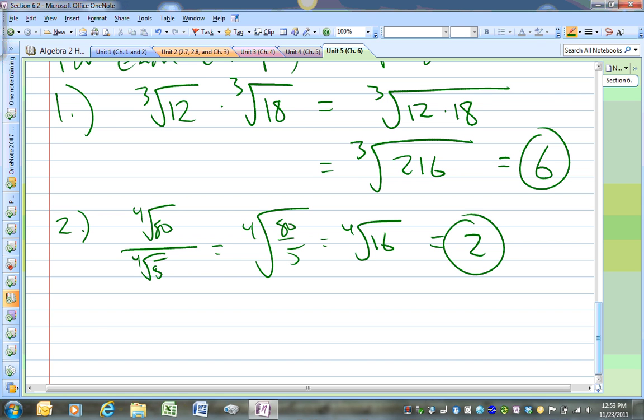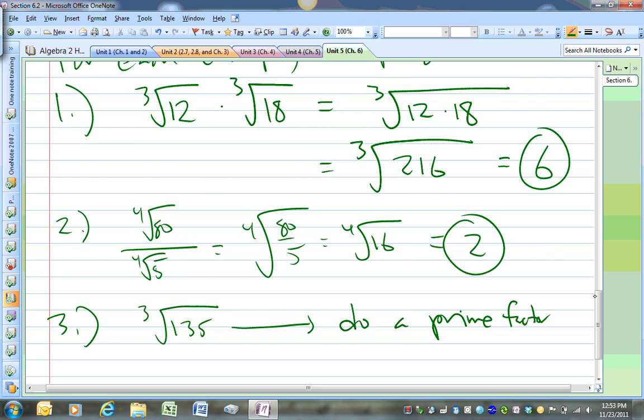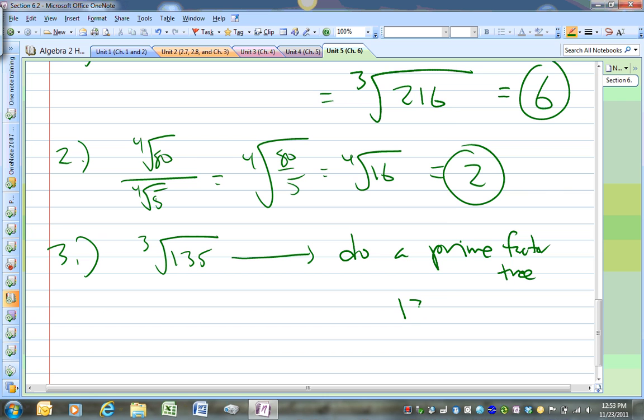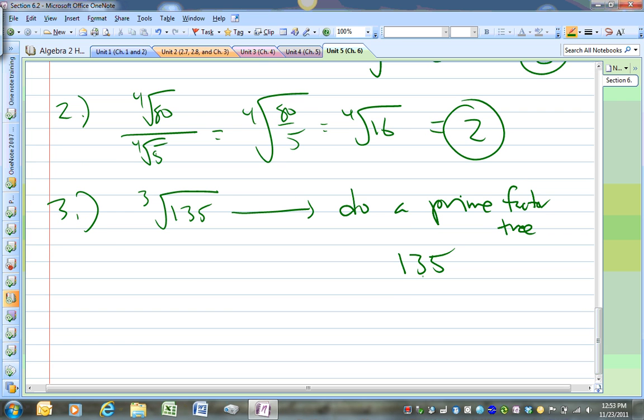Okay, let's look at some more. What if I have the third root of 135? Well, here's the thing. If you do a prime factor tree, you start with 135, and you start branching it off.